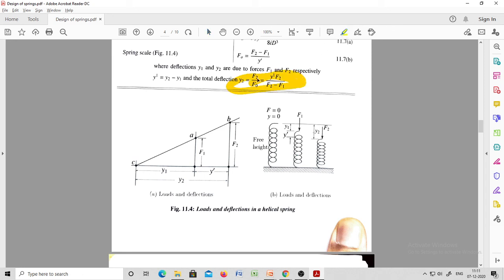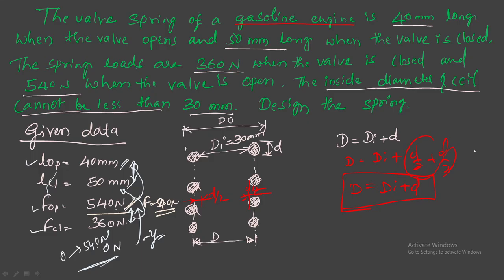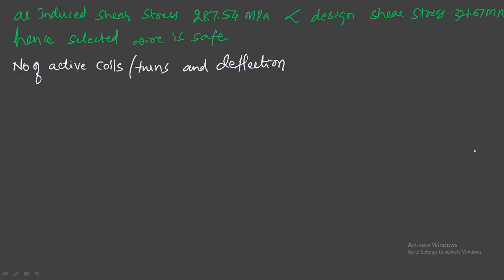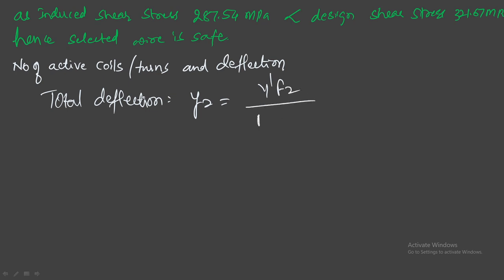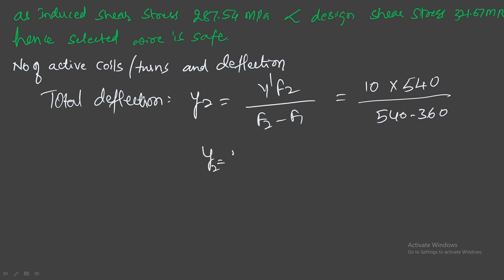Let us find out y2, total deflection for F2 as well as F1. So y2 equal to y dash times F2 divided by F2 minus F1. So y dash is 10, F2 is 540, 540 minus 360. So you find out the value of y2, which is y max.